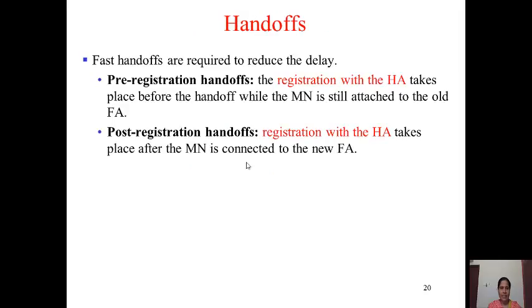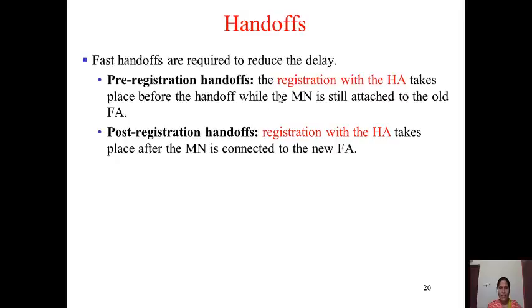Again, at times it is required that we support a fast handoff, because if you need to reduce the delay, and delay cannot be compromised, we need to go ahead with such mechanisms. That is called a fast handoff. In fast handoff, again, there are 2 versions. One is the pre-registration handoff and the other is the post-registration handoff.